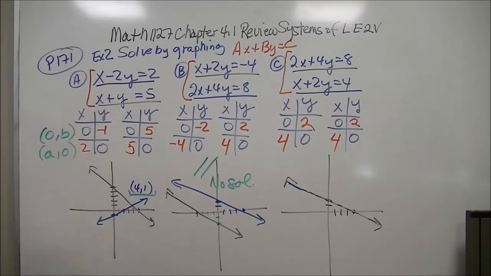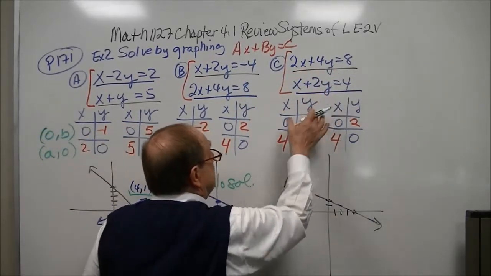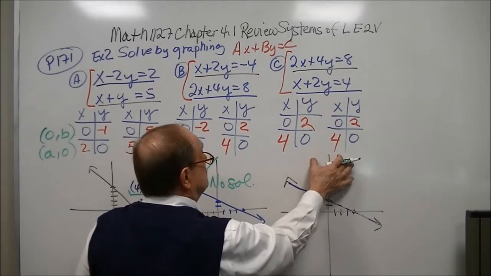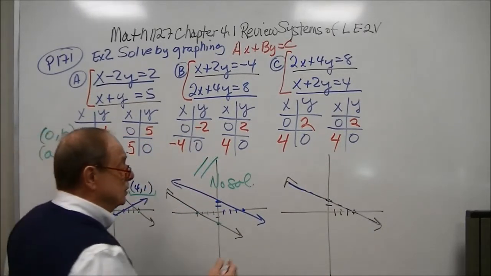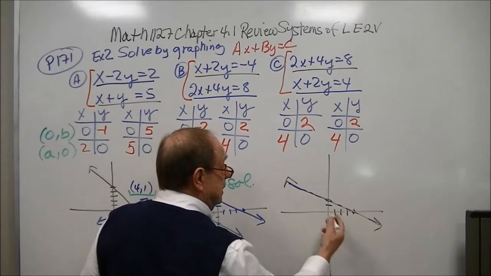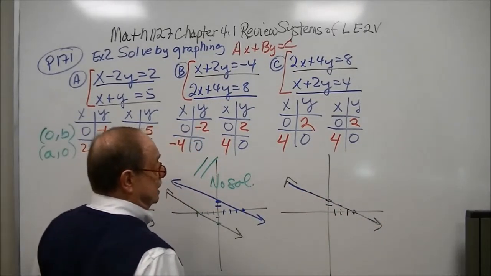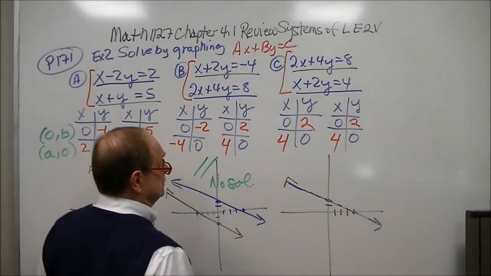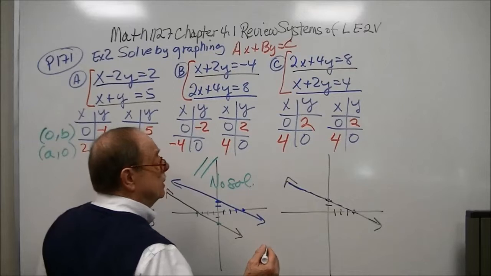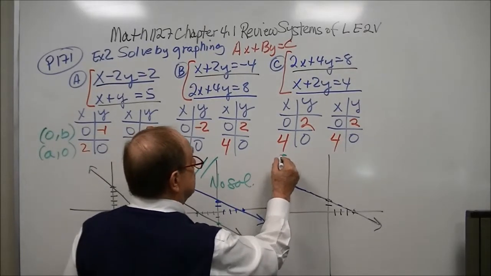And then as you look at example C, you see the equations look different. But when you plot their x and y intercepts, you see they're exactly the same. So when I drew these graphs, one graph is physically on top of the other graph. So what do you say is the solution for this? Well, this is usually written in set builder notation. It looks something like this.